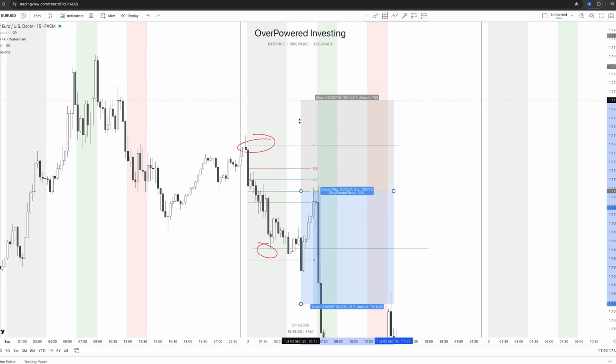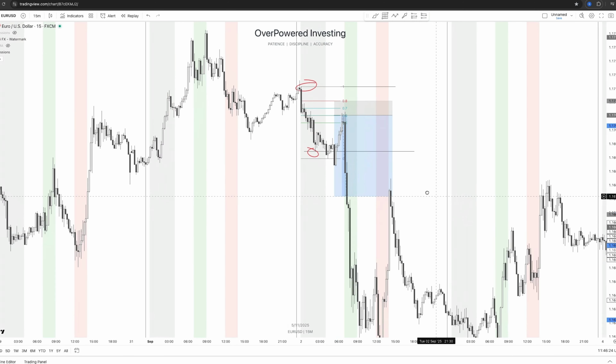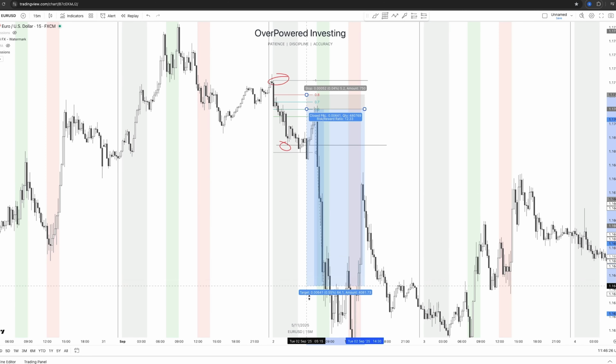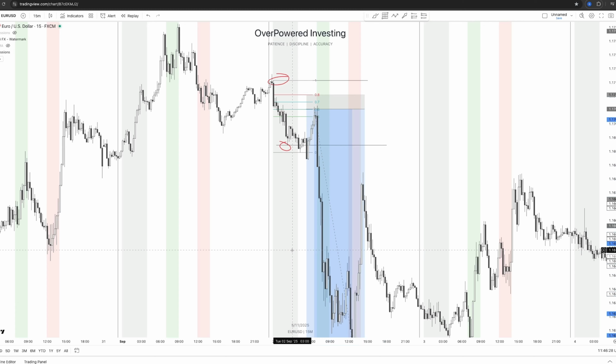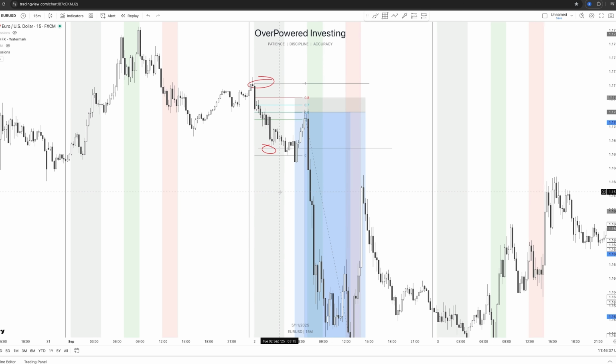The stop loss goes above the 80% retracement level, and we will be aiming for 5R. But as I said, sometimes price can give us 10R or 15R trades as well. But these are more the exceptions. Most of the time we are going to get 5R trades with this method.